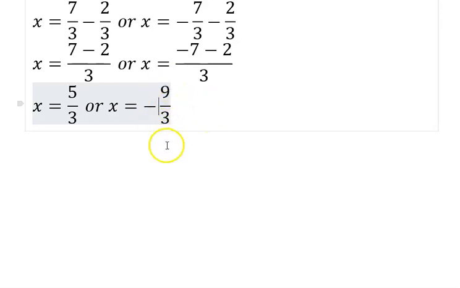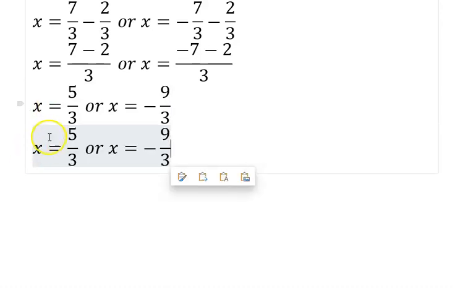Can leave an answer, but 9 and 3 can cut. So we'll still not leave this way. So our x is what? 5 over 3, or x is 9 divided by 3 will give us 3. So we left it with what? 3 here. Awesome. So this is our final answer. X is 5 over 3 or minus 3.